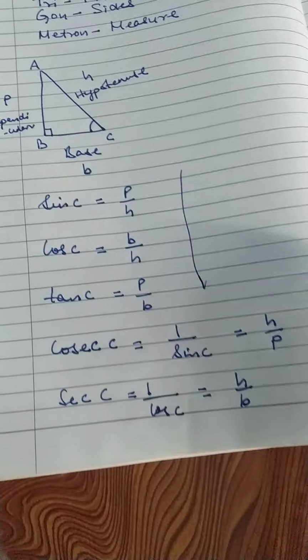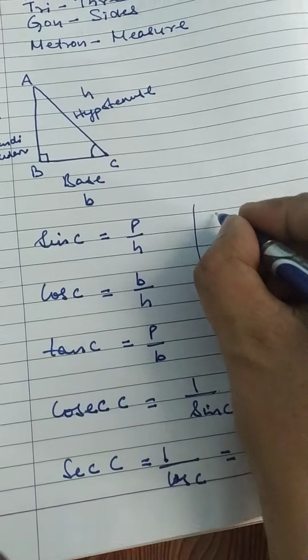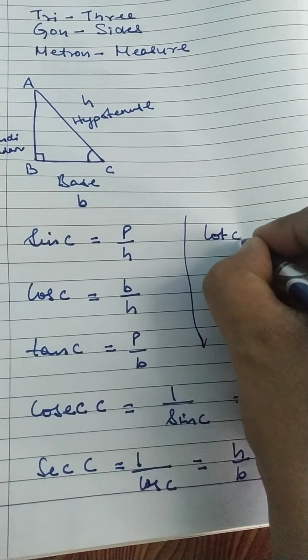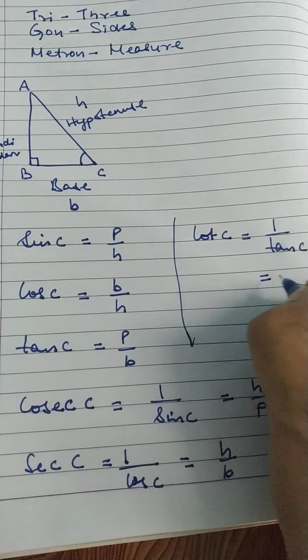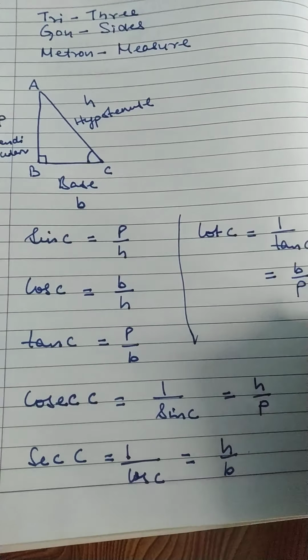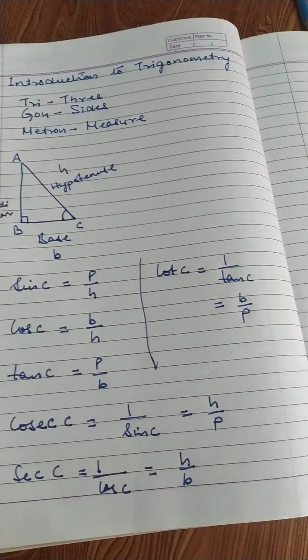Similarly, we can write cot C, which is reciprocal of tan C, is equal to B by P, base by perpendicular.